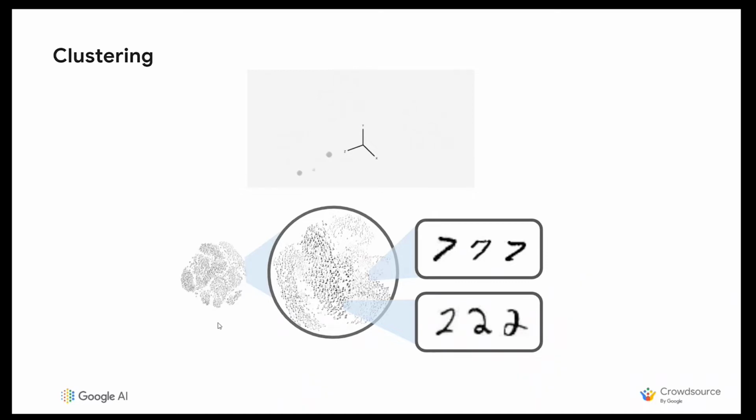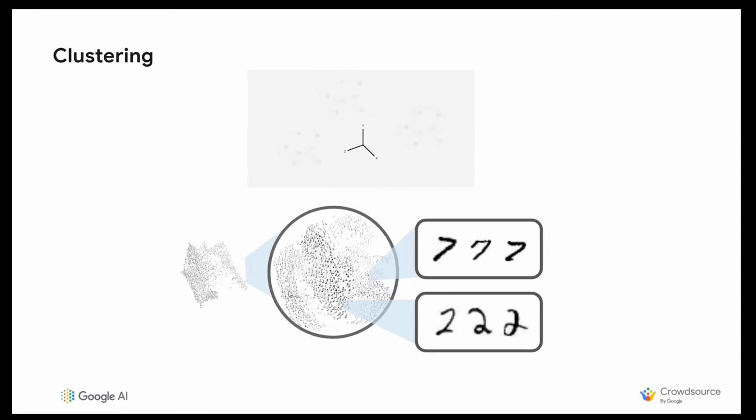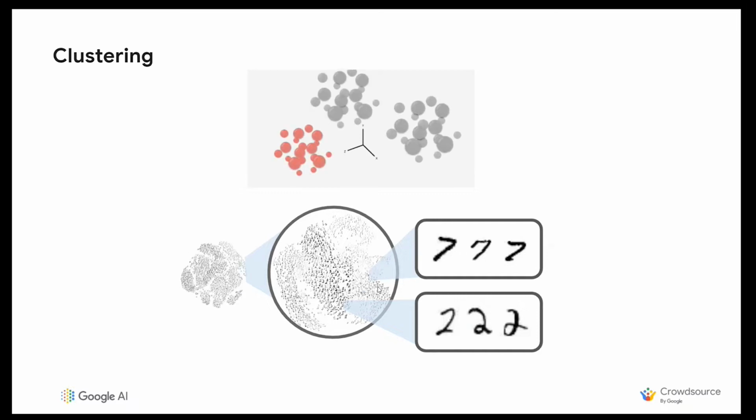If you see here handwritten alphabets, you don't have the labels. But if you use clustering algorithms, they try to give you all the closest letters. As you can see here, all the twos are arranged here and all the sevens are arranged here. This is done based on finding the similarity between the structure of these images.